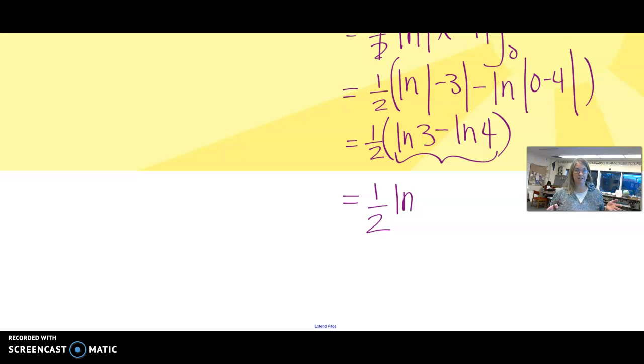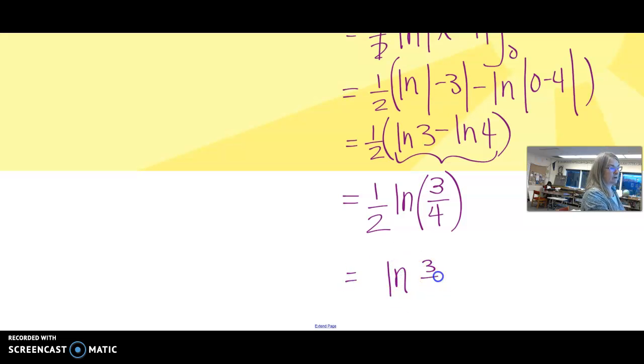When you have subtraction, there's a property of logarithms. Hopefully you remember the quotient property. It's ln of 3/4. So this could be written as ln of 3/4 to the 1/2 power, because I can use the power property of logarithms to bring that exponent back up, and 1/2 power is the same thing as the square root.